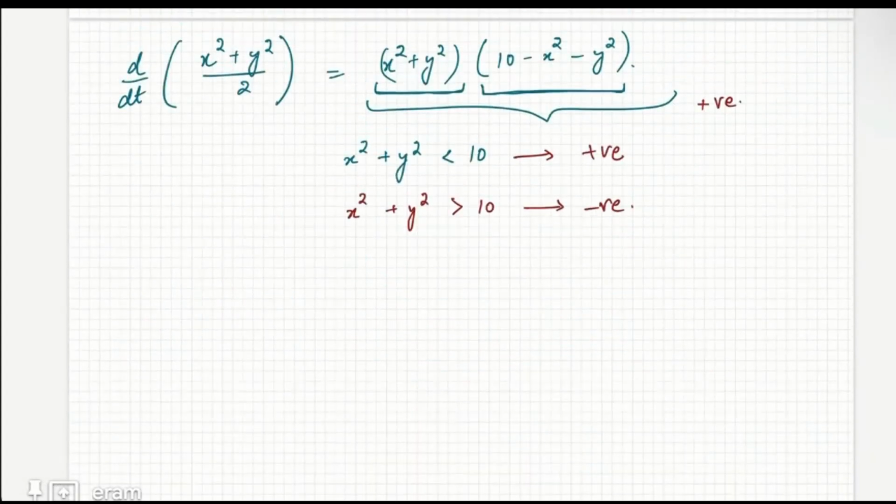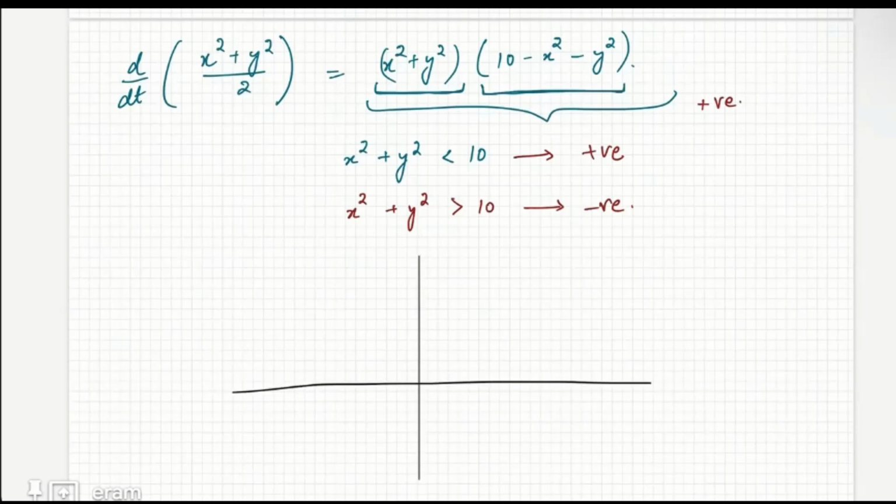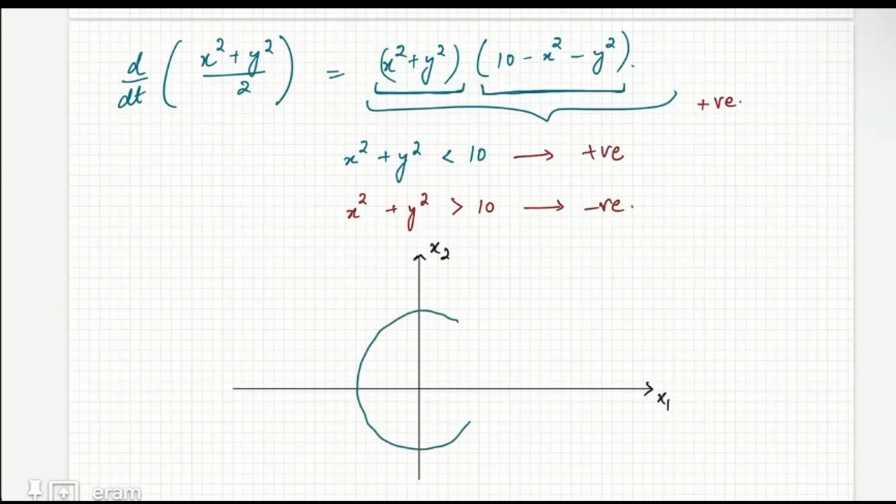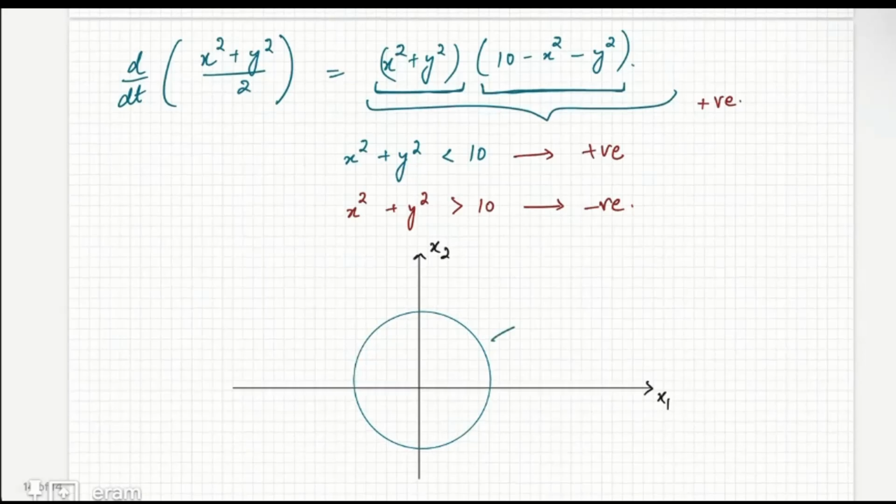That means let's consider the phase plane. So we have x1 and x2. We have considered a closed curve, x1 square plus x2 square equals c.